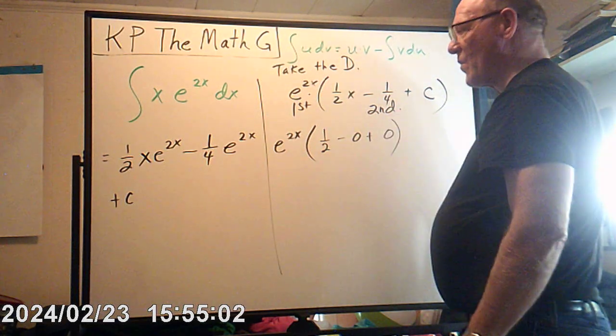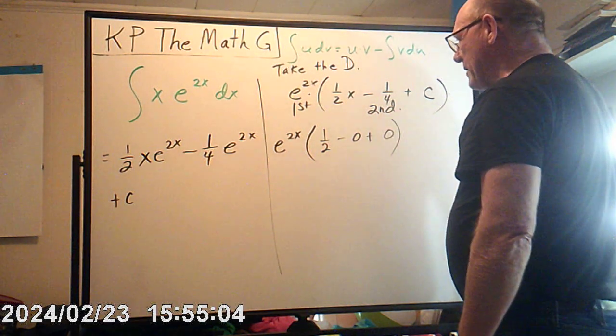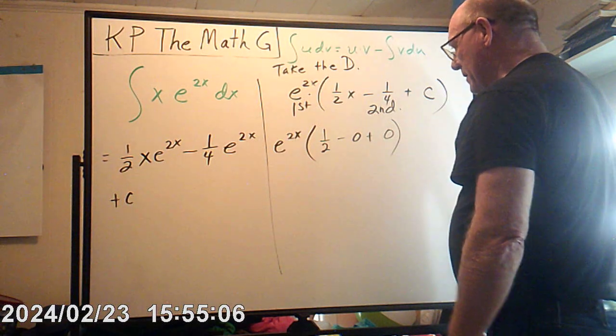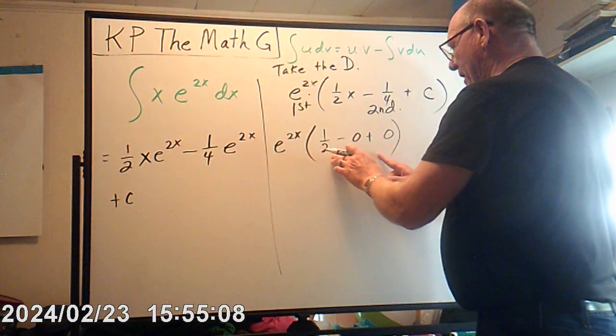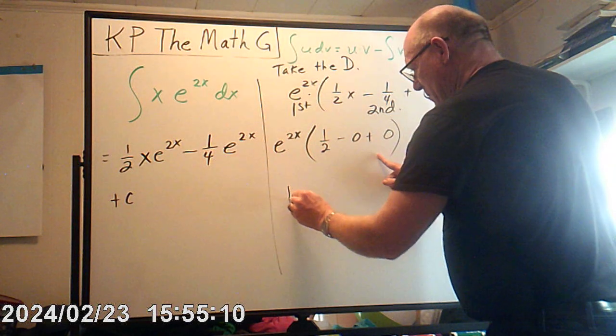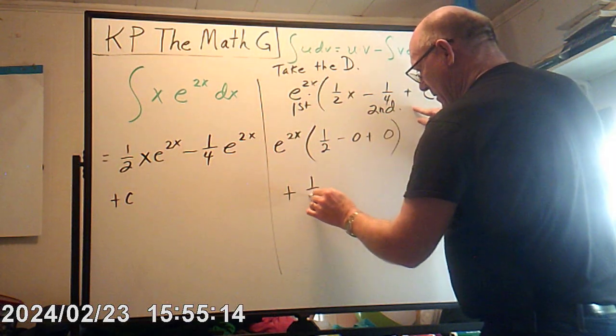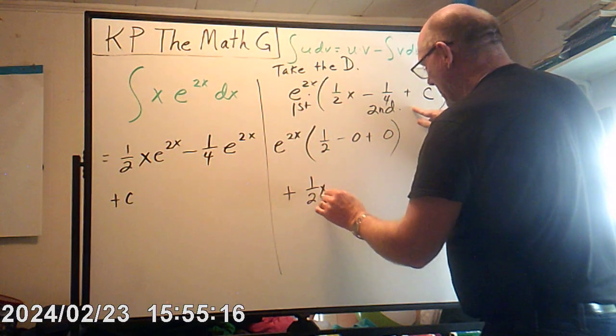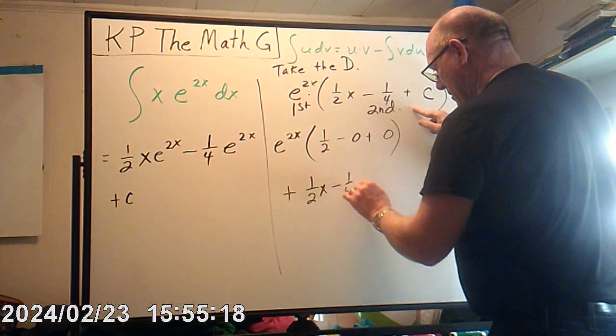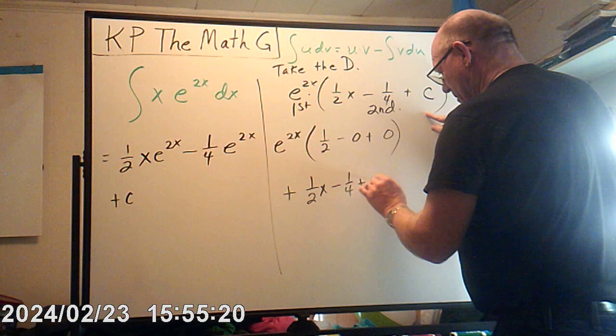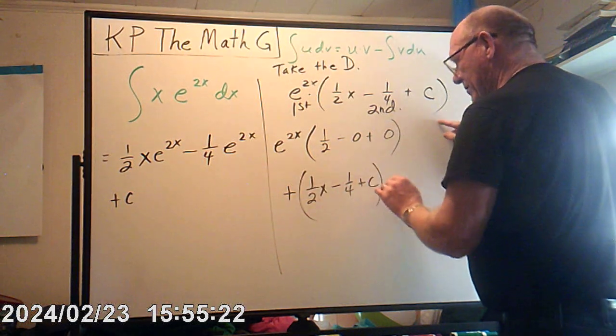Alright. And that's the derivative of the first times the second, plus the second times the derivative of the first.